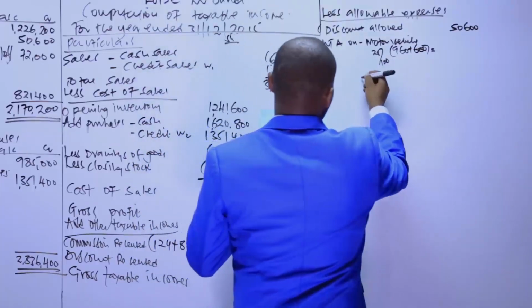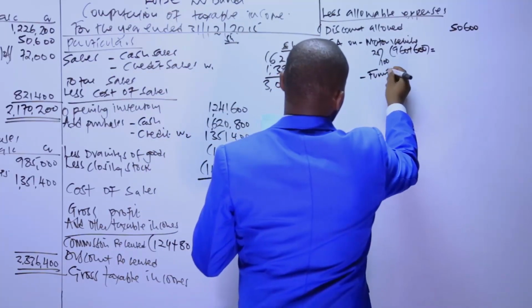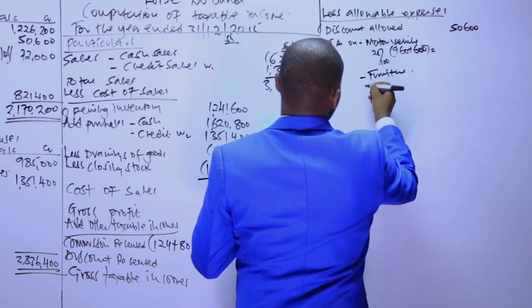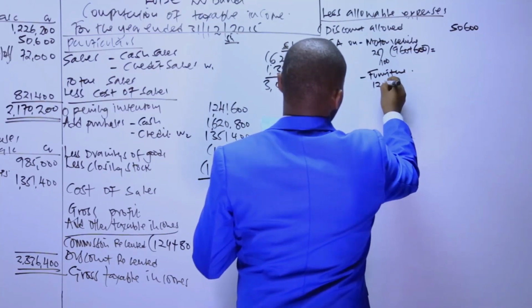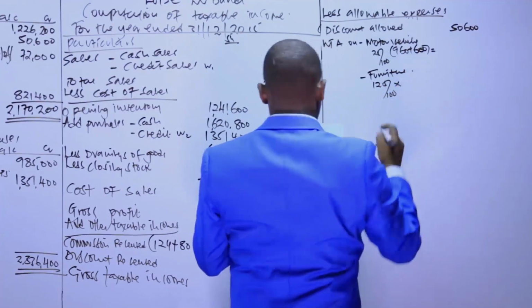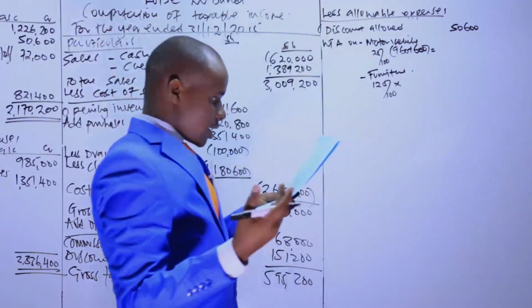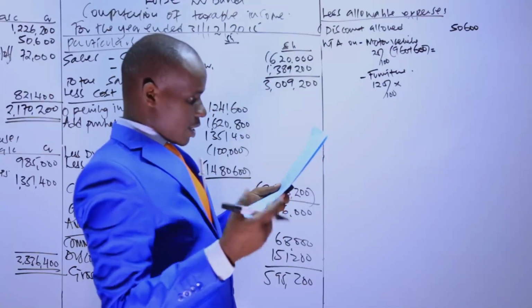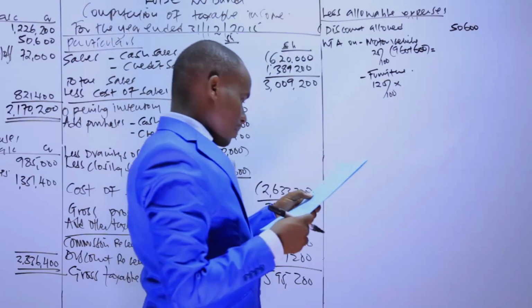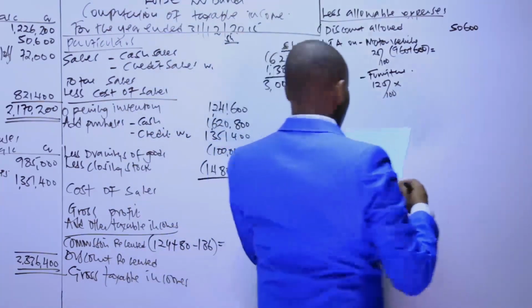Then we will also consider furniture. Furniture qualifies for wear and tear class 4, so 12.5% times 120,000. For furniture, we are not buying other furnitures, so it's only the furnitures that are existing that will depreciate.